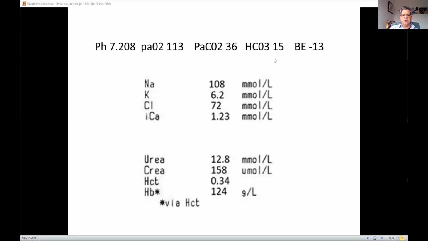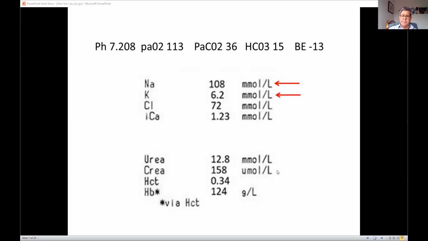However, when they took some electrolytes, they found this sodium of 108, which certainly might be the cause of a seizure and confusion, with a commensurate elevation in potassium of 6.2. Part of it will be because of shifting with the acidosis across the cell membrane. Also, she has an elevated creatinine at 158, and previously it was about 110.